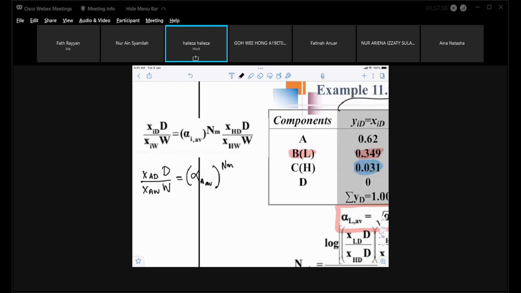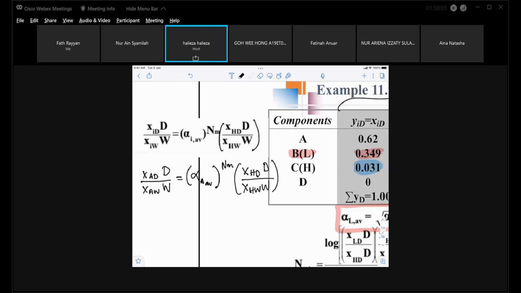Let me check the equation. Yeah, n mean, and this is the power of n mean. And then this whole thing, x_HD over x_HW.